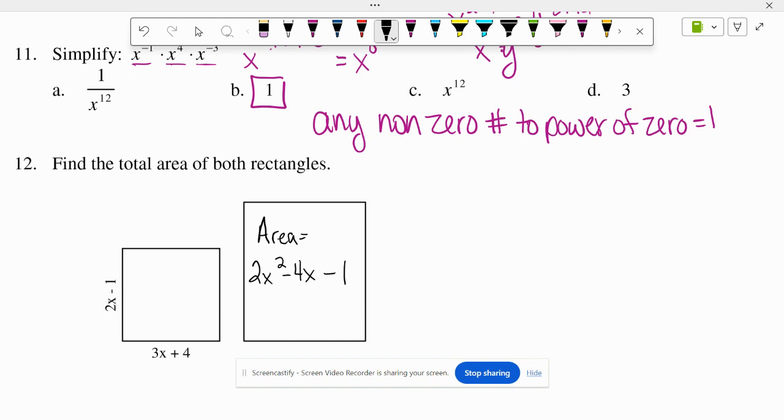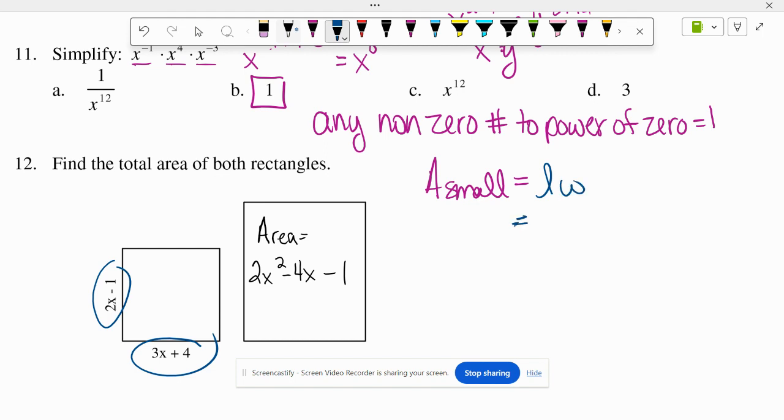So, Cameron, tell me how I'm going to find the area of the small shape. Area is length times width. So what's that going to look like? Yes, 3x plus 4 times the quantity of 2x minus 1.